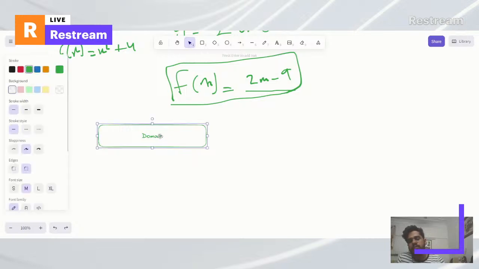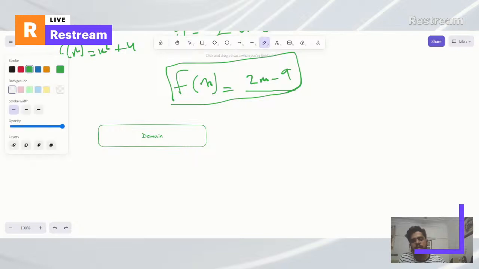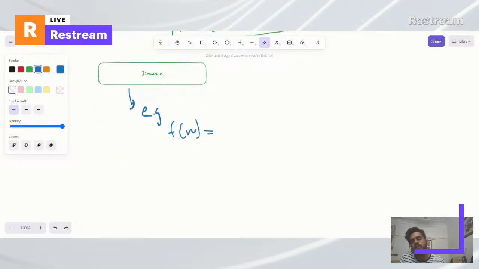So what's a domain? Domain contains the limits of x involved in an equation. Let's say for example f of x is 2x plus 5.